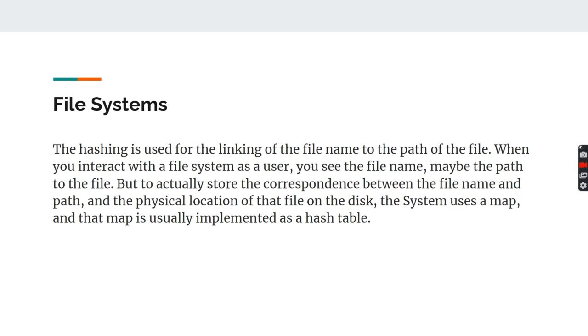But to actually store the correspondence between the file name and the physical location of the file, the system uses a mapping function, which is this hashing function, to map the physical location on the disk or in the grid of an SSD, as well as the file name.